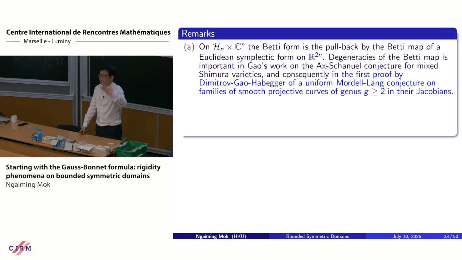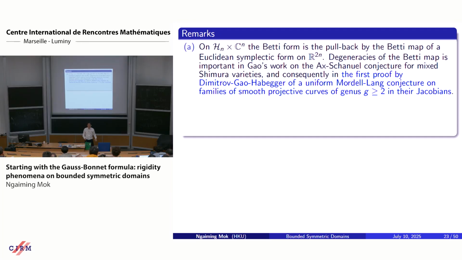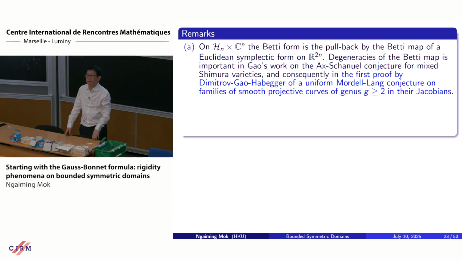But Gao proved this for the mixed situations, or mixed Shimura varieties of abelian type first. And then he made important use of the Betti form to do that. And this element was used in the first proof of the uniform Mordell theorem for curves embedded or mapped inside their Jacobians. So the Betti form turned out to be very important in recent research in number theory.